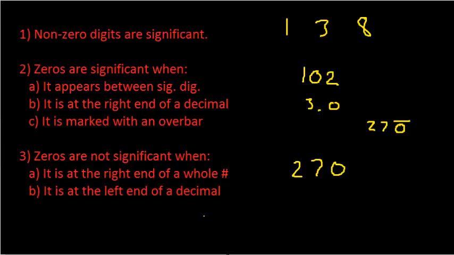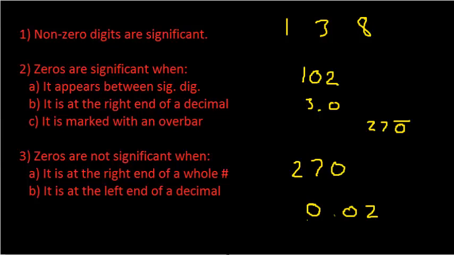And lastly, zeros are not significant at the left end of a decimal, so for example 0.02, these zeros are on the left end of this decimal, so they are insignificant. They are not significant digits, just the 2 here is significant.